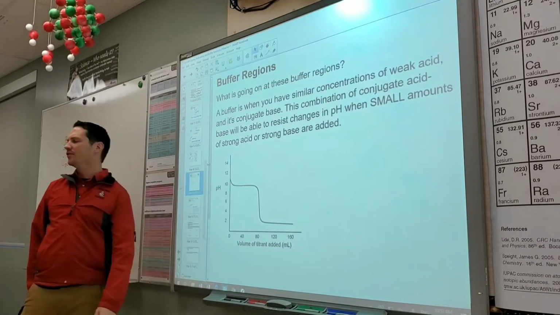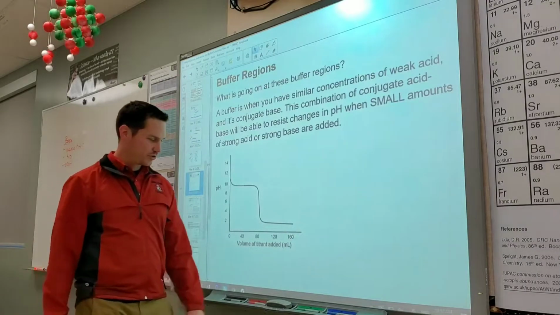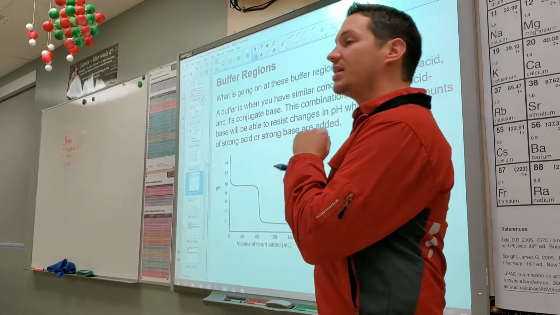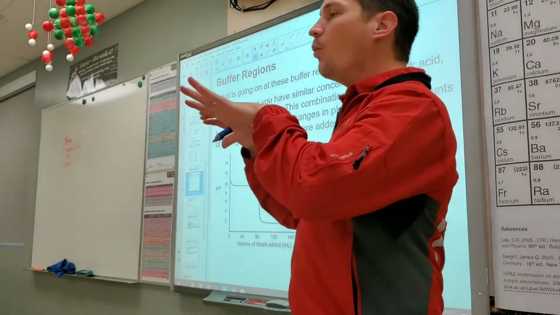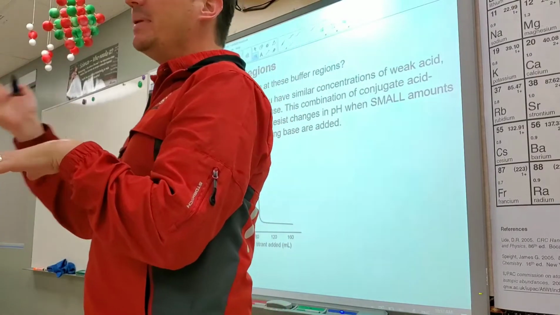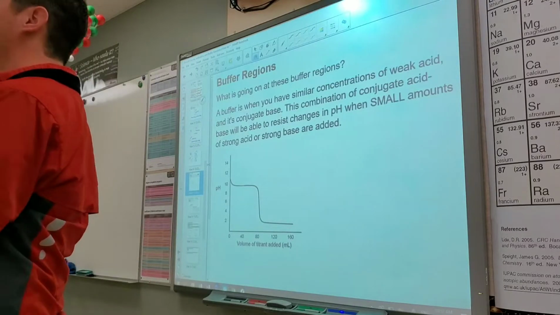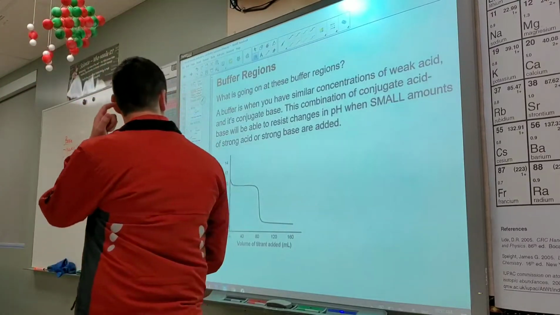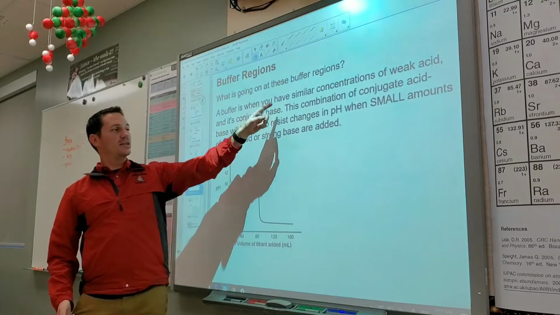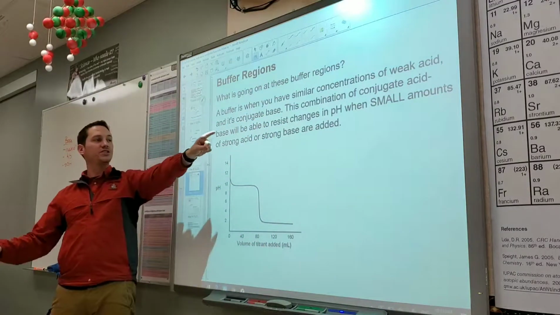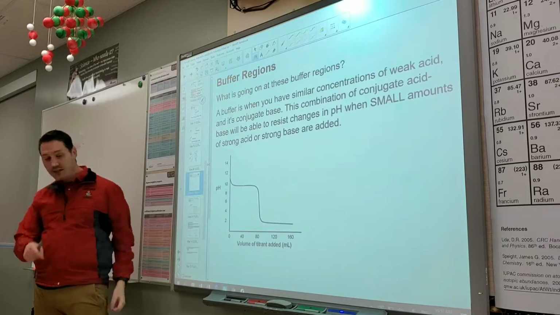Okay, now we're on to buffer regions. Buffer regions are whenever you have a mixture of a conjugate acid and its conjugate base, but it has to be a weak acid and a weak base, okay? So a buffer is whenever you have similar concentrations of weak acid and its conjugate base.